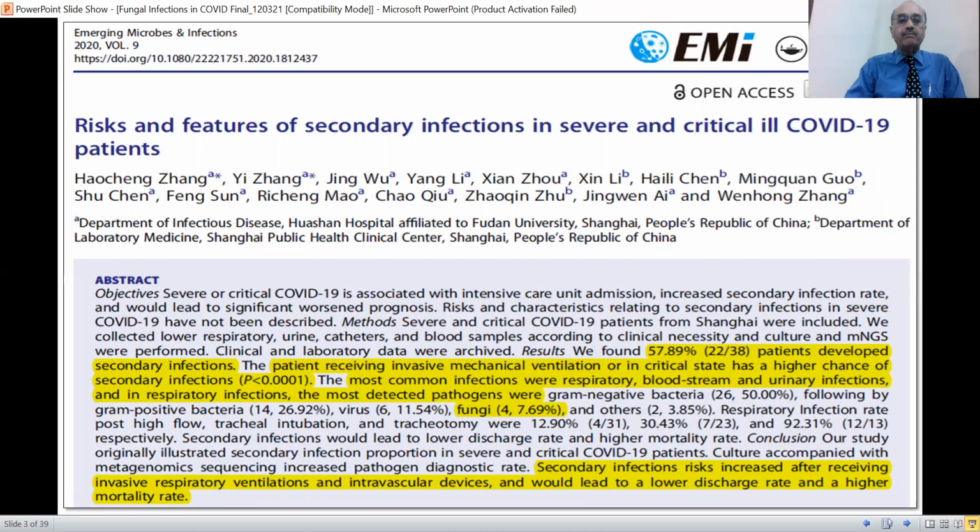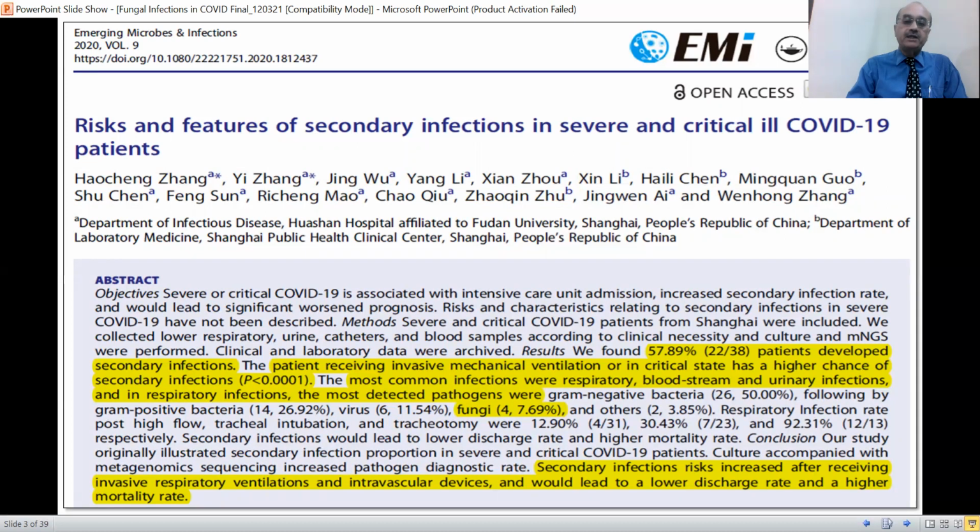This paper, published in the year 2020, talks about the risks and features of secondary infections in severe and critically ill COVID-19 patients. It was published from China, and showed that almost 58% of COVID-19 patients who were on mechanical ventilation and critically ill in the ICU developed secondary infections, the common ones being respiratory, bloodstream, and urinary tract infections.